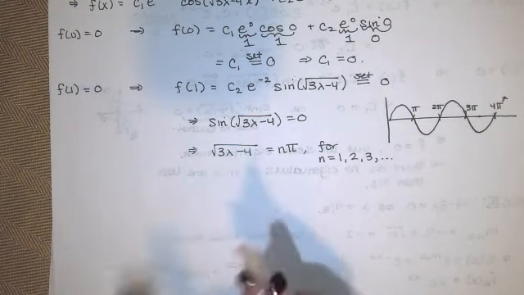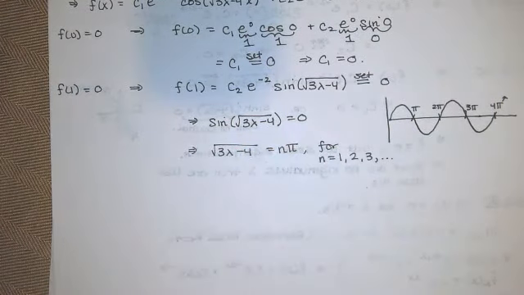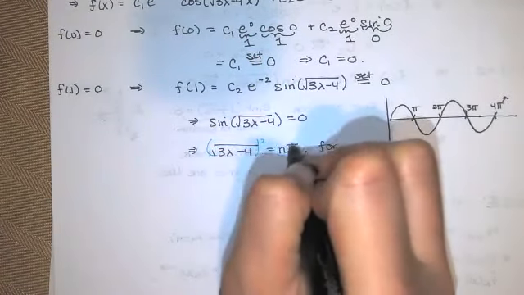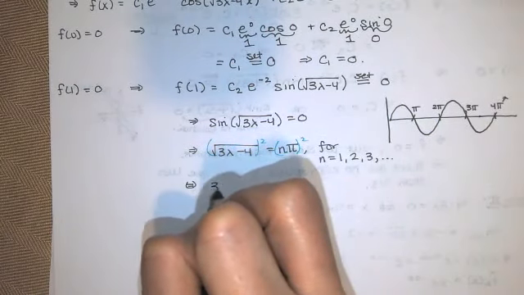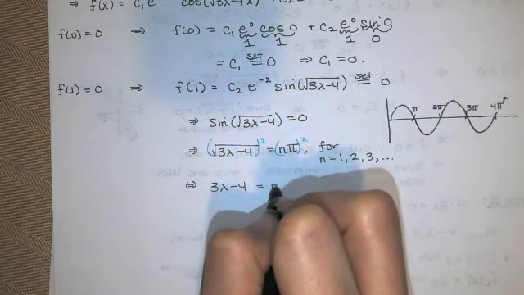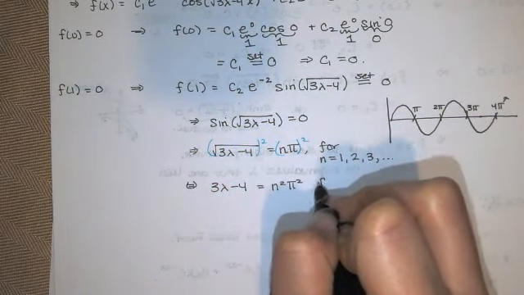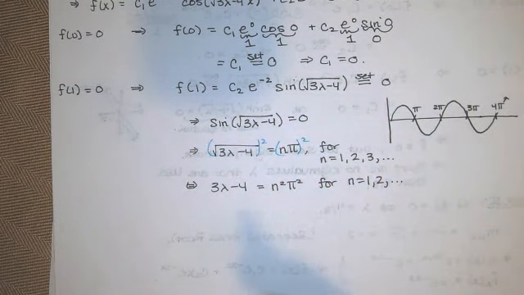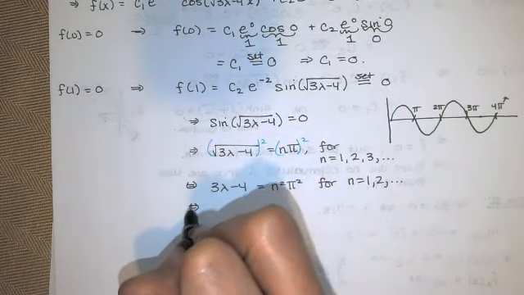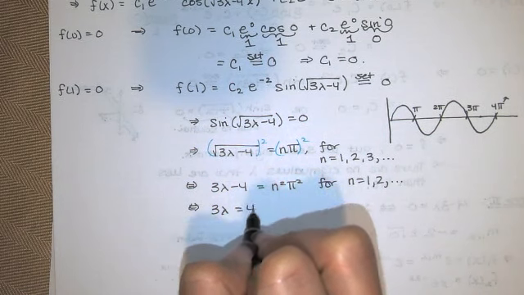Okay, so I want to get lambda by itself. So we will just square both sides. And then we will solve for lambda. So we'll add 4 to both sides.